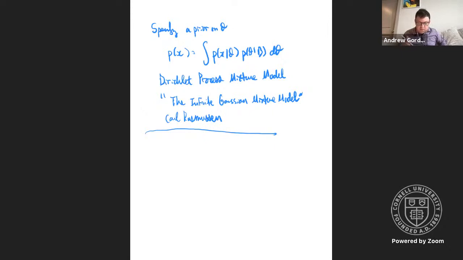How do we figure out the posterior? That's a good question. What we would typically do is start with a prior. Theta would include the mus, the sigmas, and the weights. For the mus, we would usually use a Gaussian.